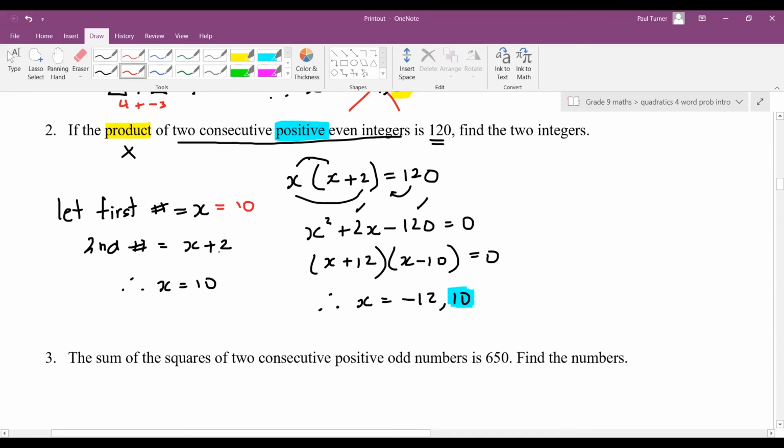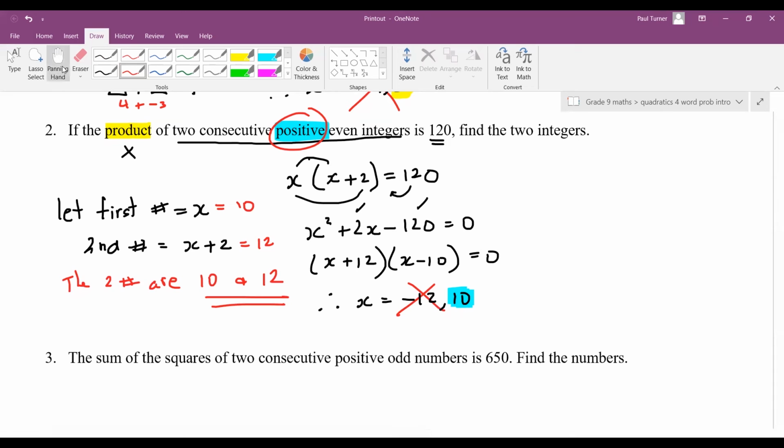Your second number must be 10 plus 2, which is 12. So those are your 2 numbers: 10 and 12. That's your answer there. Ignore the negative one because we're not interested in the negative even integers. Sometimes you use both numbers, but not this question.